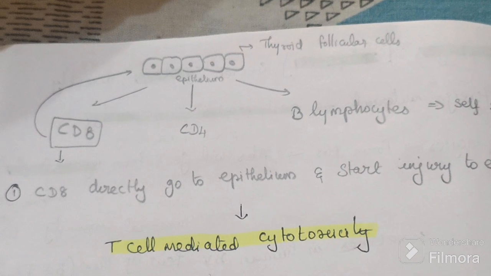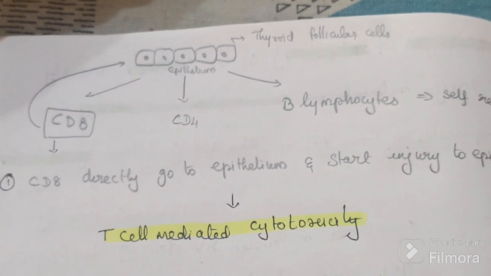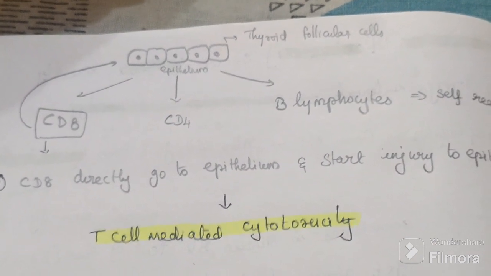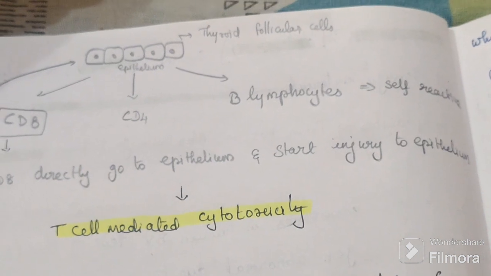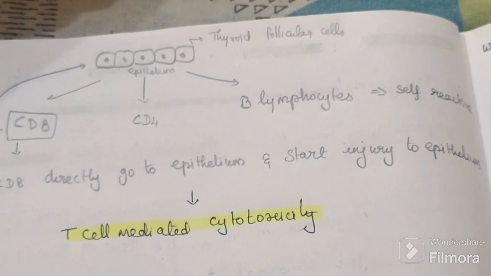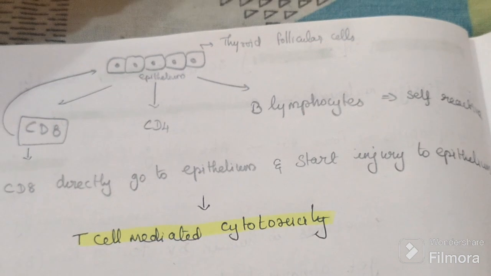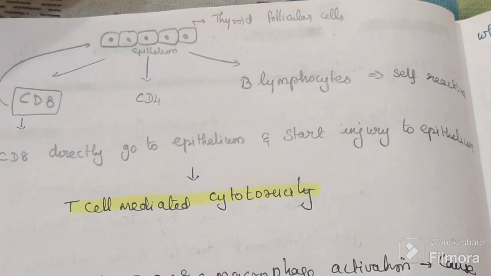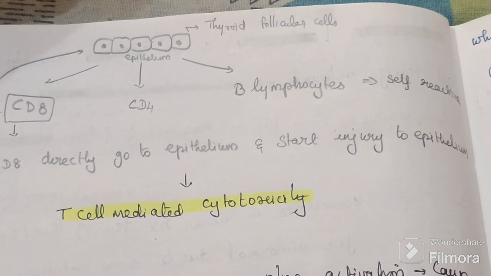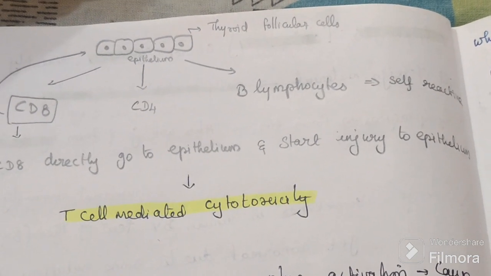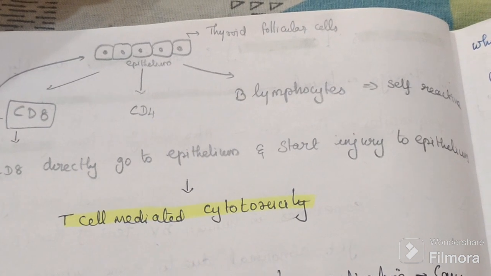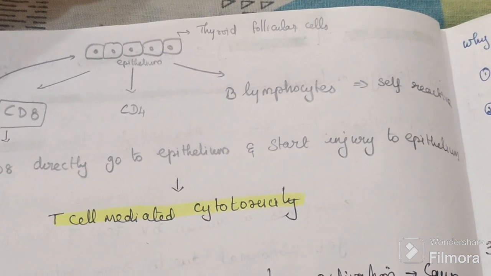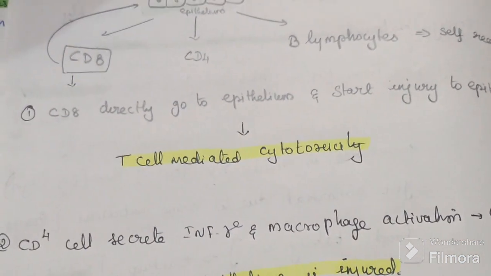B lymphocytes and T lymphocytes which are reactive against the self-antigen are not killed; they survive, and it leads to autoimmune disorders. So that is the pathophysiology of Hashimoto's thyroiditis. Actually, there is a breakdown of self-tolerance.